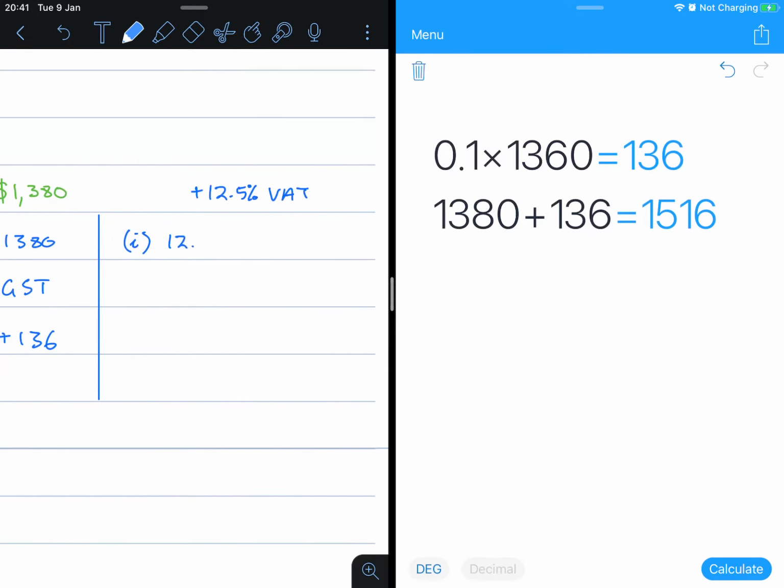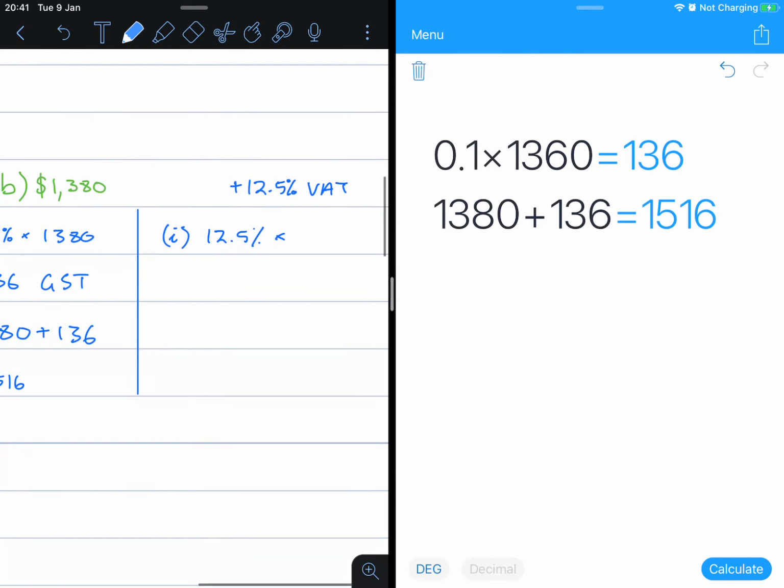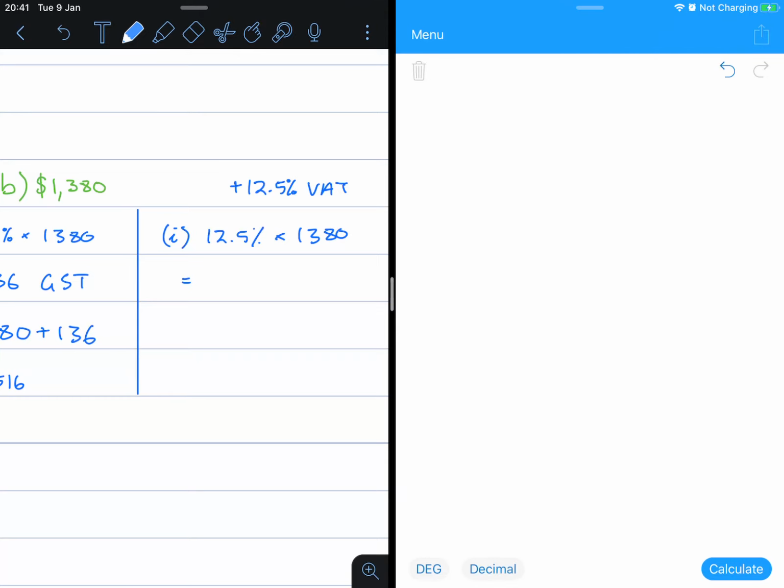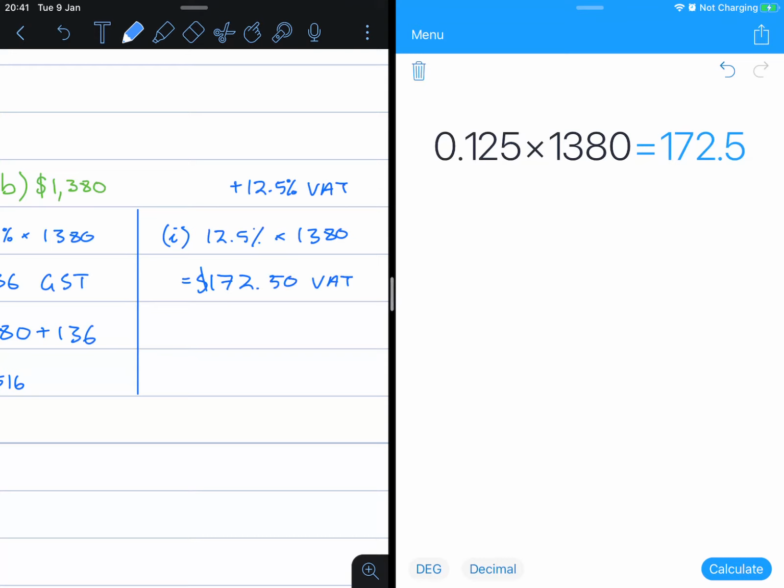So 12.5% times 1380. That's 0.125 times 1380. That's $172.50 value added tax.